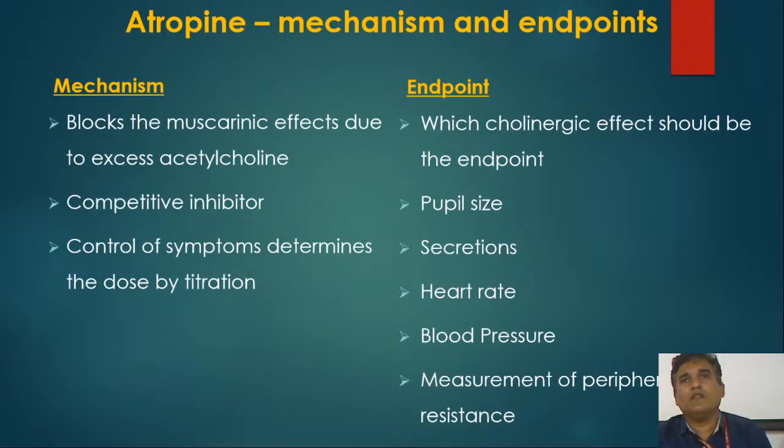When we talk about atropine, what is the mechanism? It blocks the muscarinic effect due to the excessive firing, the excessive bombarding of the acetylcholine. It is a competitive inhibitor and controls the symptoms.